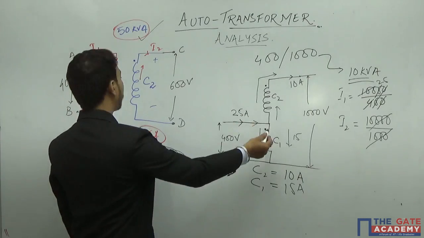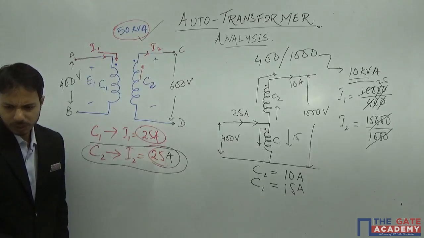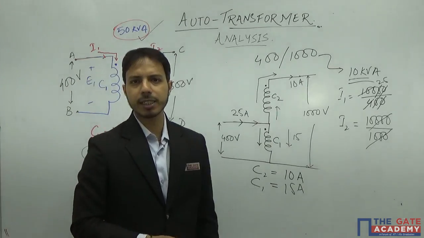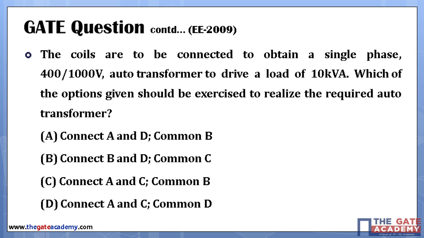Also, what are the points that I have joined? In this question, let us see what options are given. Option is connect A and D and make B common.